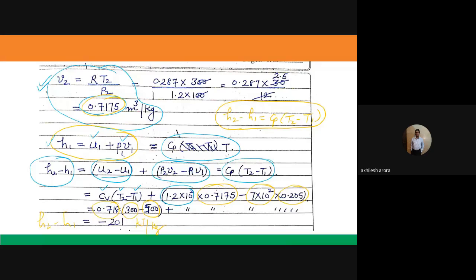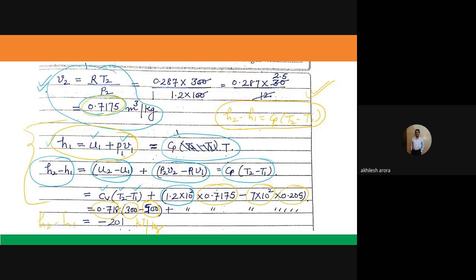Suppose you are not given the values of specific heat, and it is not air, it is carbon dioxide, you may not know the value of Cp in that case. You are given the value of Cv only, or the value of R, or there is some situation where you can't calculate the value of H2 minus H1 directly, then you can follow this procedure using H is equal to U plus PV. Otherwise you can directly use this equation also.